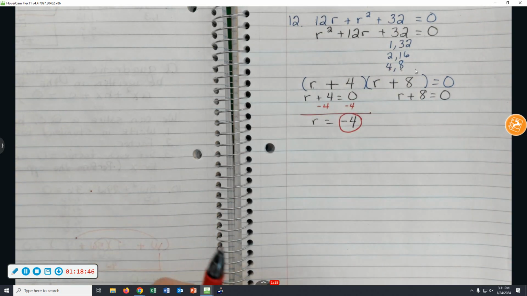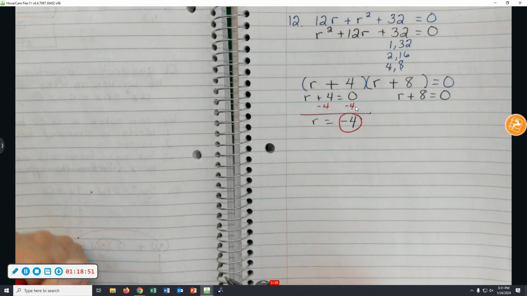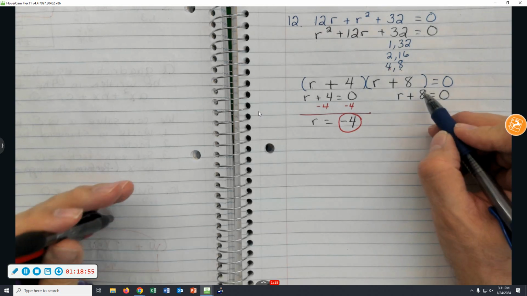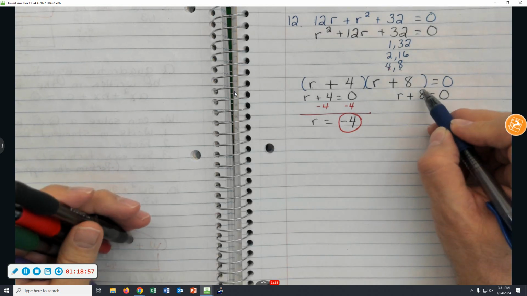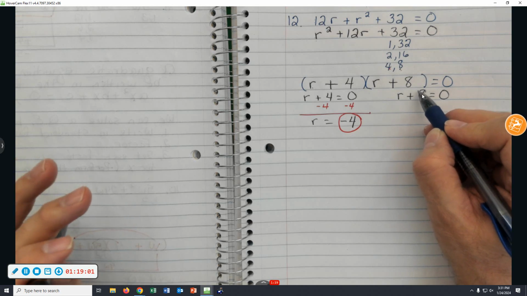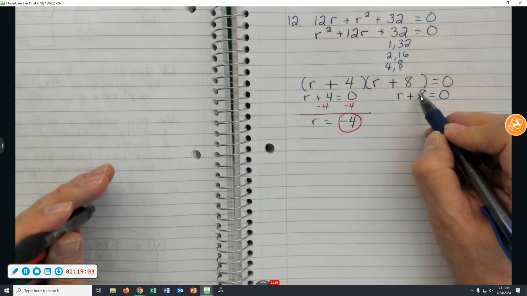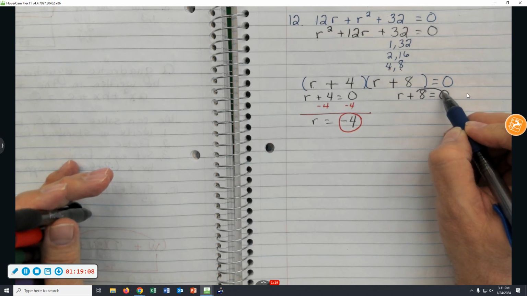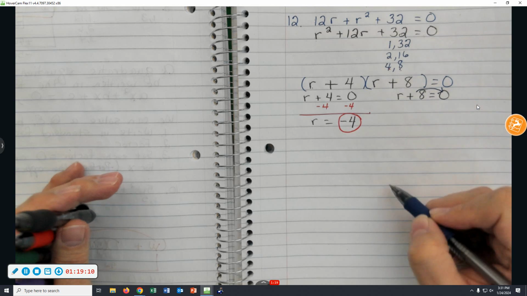Okay. Now, there's another thing. Rather than just showing this minus 4, there's another way of thinking of it, and that's called transposition. I want Tony to show you that also. Transposing a term says, okay, I want the r by itself. I need to get rid of that 8. You can pick it up, move it to the other side, but when you do, that changes the sign.